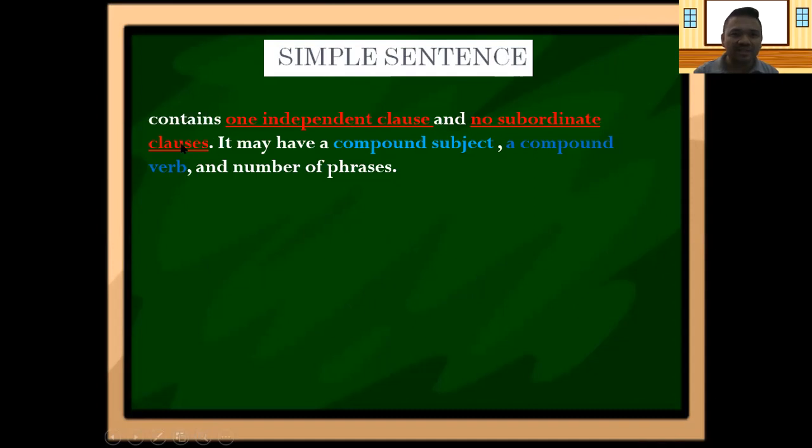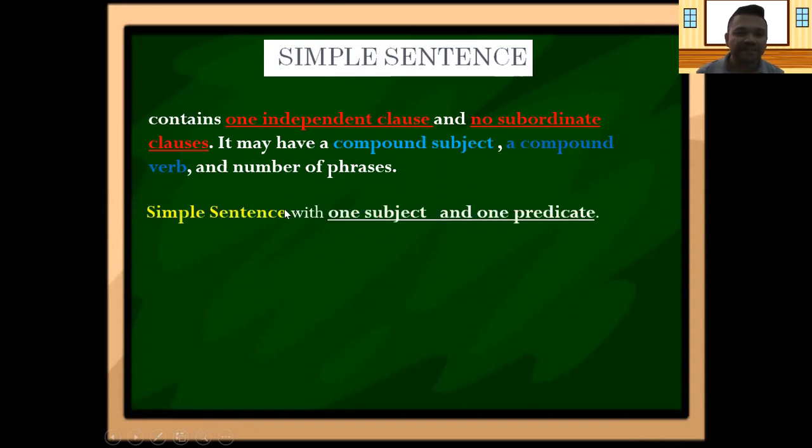So a simple sentence contains one independent clause and no subordinate clauses. It may have a compound subject, a compound verb, and a number of phrases. Compound means two or more. For example, a simple sentence with one subject and one predicate: Joseph plays basketball.